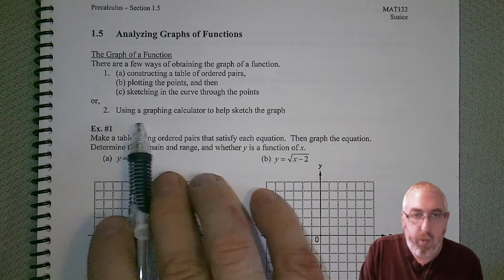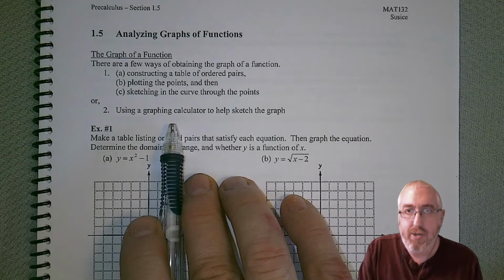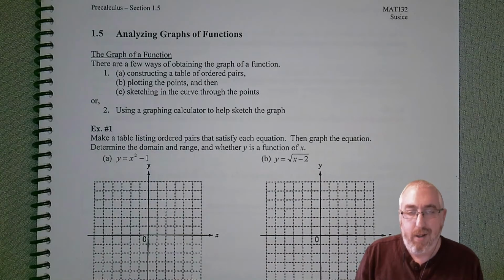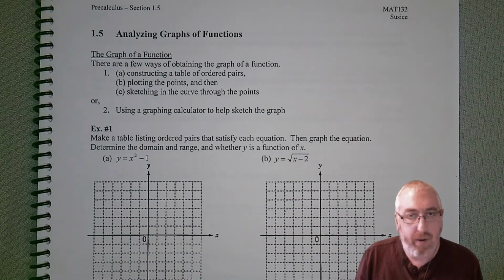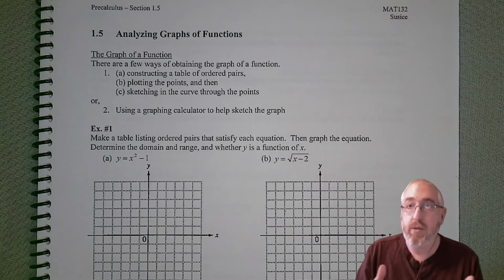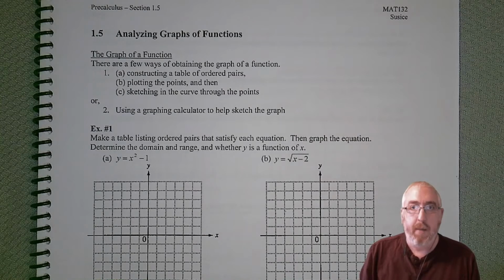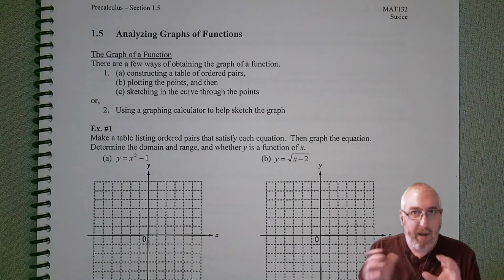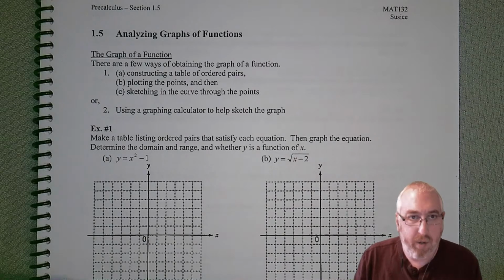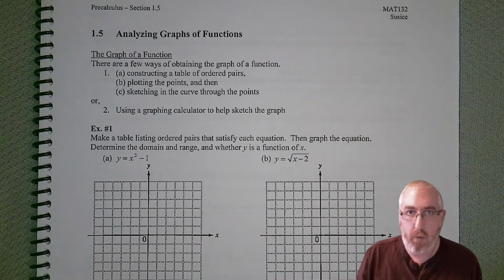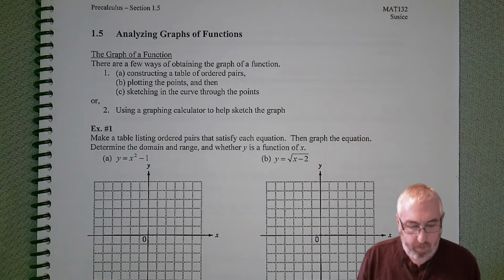And then we have technology ways to look at graphs as well. Graphing calculators are a great way to get a good, accurate sketch, but again, sometimes they can be a little bit misleading depending on the complexity of the equations. So let's go through a few of these processes and see what we can do.